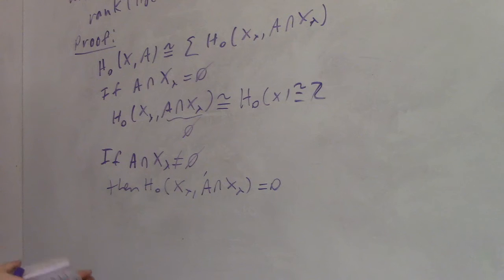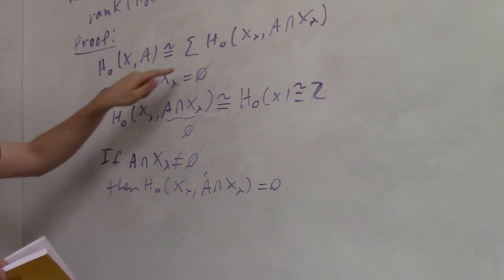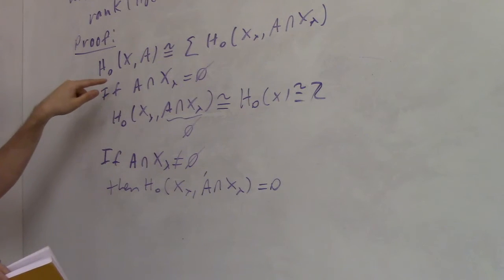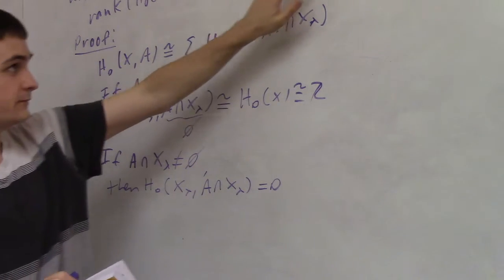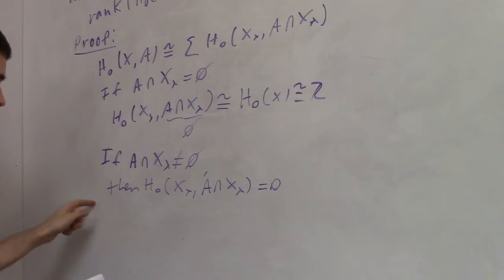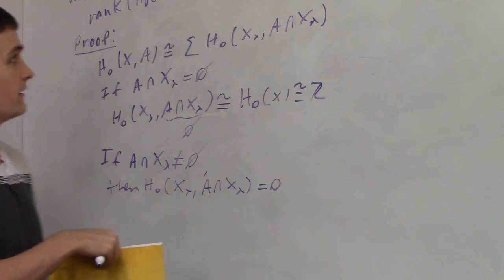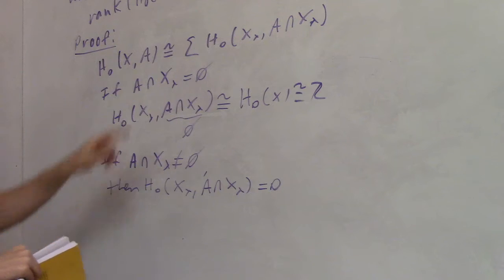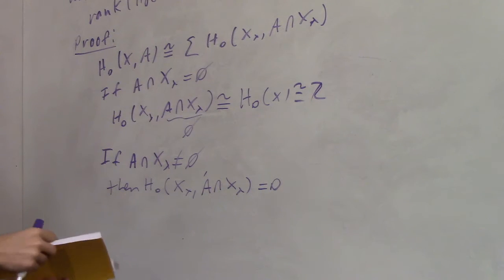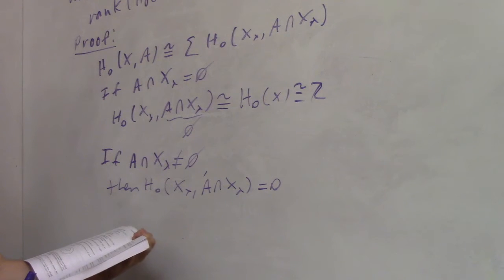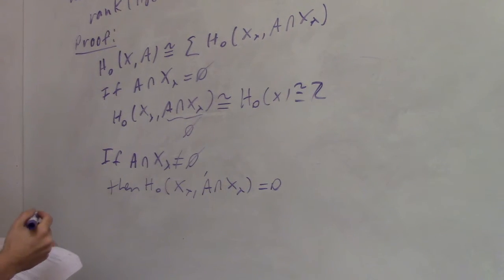Because we've shown that this sum here contributes a factor of Z for every subspace that does not intersect with A, and gives you a factor of 0 for every subspace that does intersect with A. So our rank is the cardinality of this set. Alright, so our next corollary here is really simple.